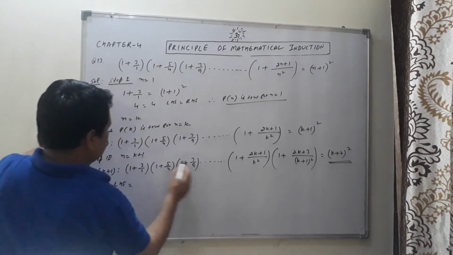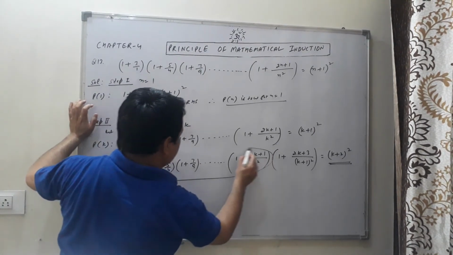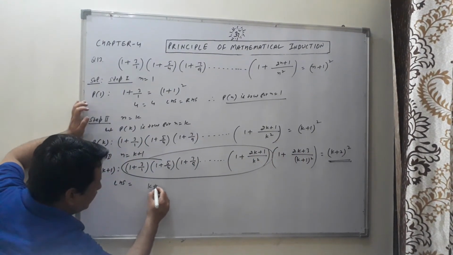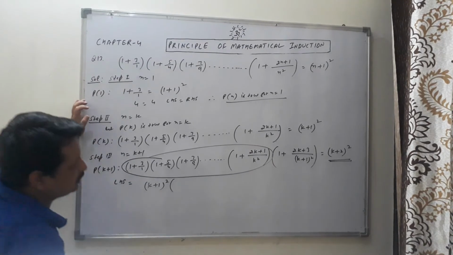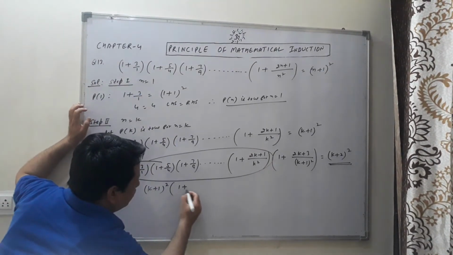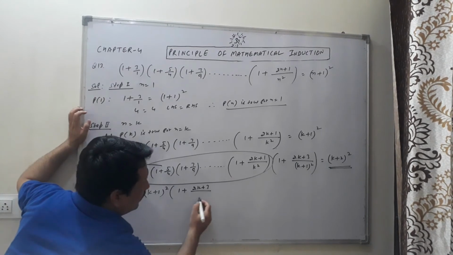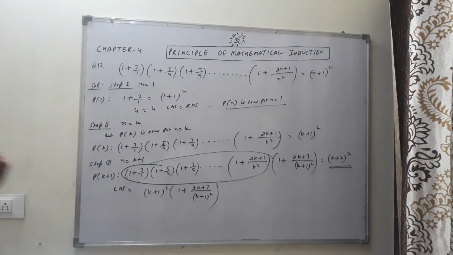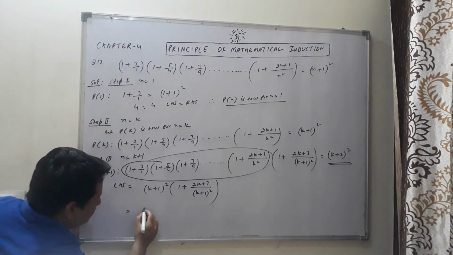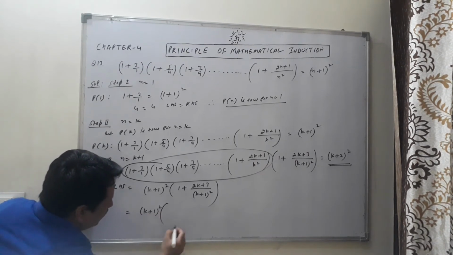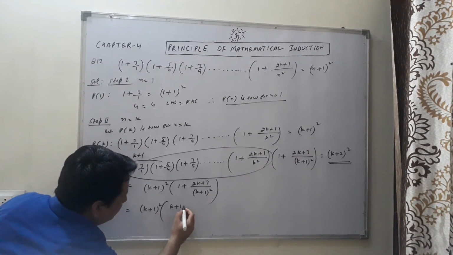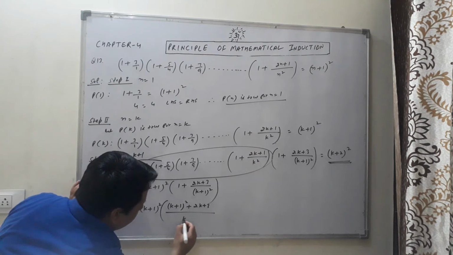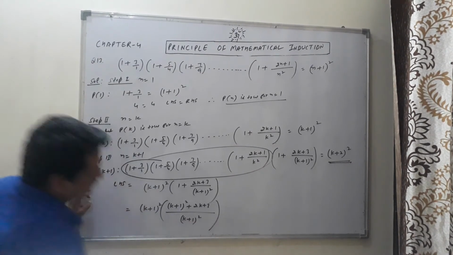Exactly, it will come equal to the right hand side. We are using step number 2. Here we will use step number 2 and put this value here. This is k plus 1 whole square into 1 plus 2k plus 3 upon k plus 1 whole square, students. Now I am taking the LCM, which is k plus 1 whole square. It will come as k plus 1 whole square plus 2k plus 3 upon k plus 1 whole square.